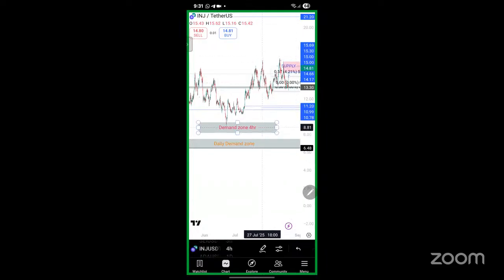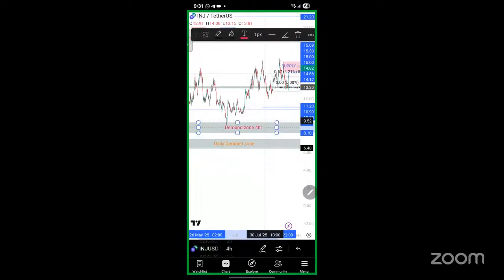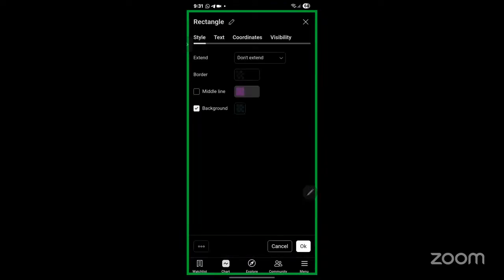And whenever it hits this demand zone, price will go up. So that's why I'm labeling it and I'm not leaving it away. I can even double tap on it and extend it right and left, and tap OK. Even on this one, the daily demand zone, I can tap there, extend it right and left, and leave it there.